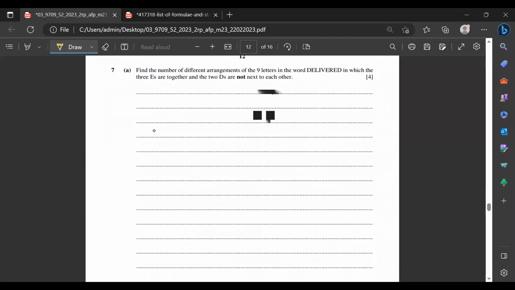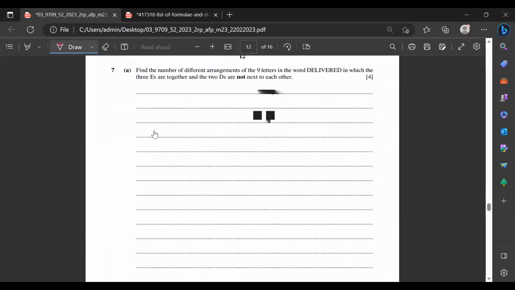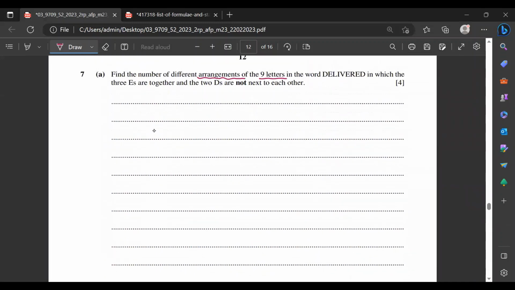Question number 7: find the number of different arrangements of the 9 letters of the word DELIVERED in which the 3 E's are together and the D's are not together. Let us make a group of E's because we want to keep the E's together. This is 1 unit.